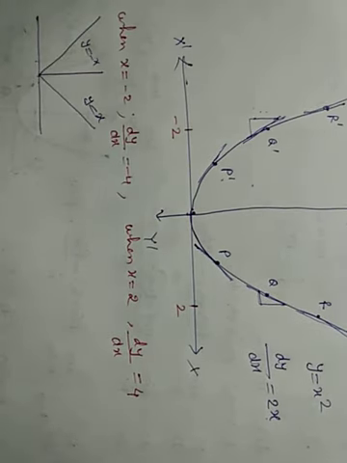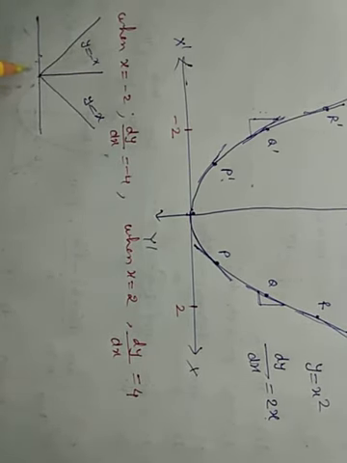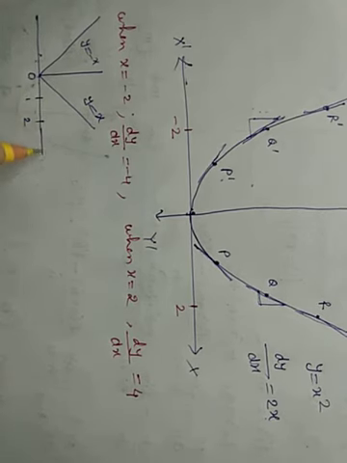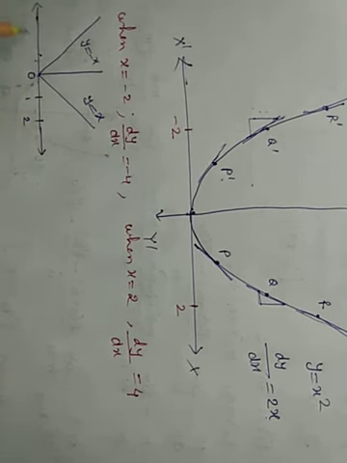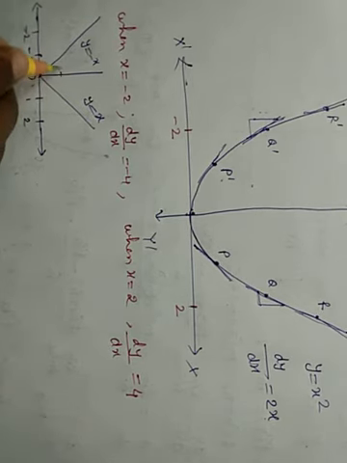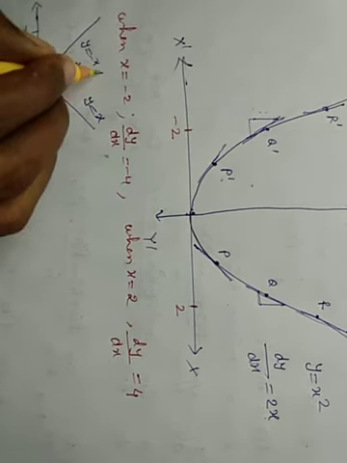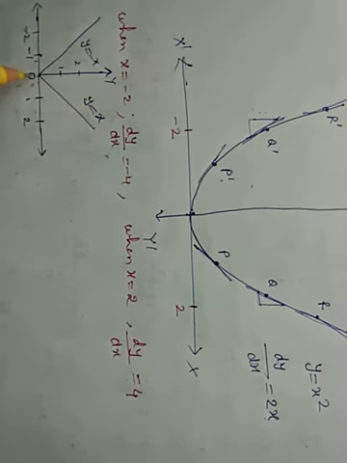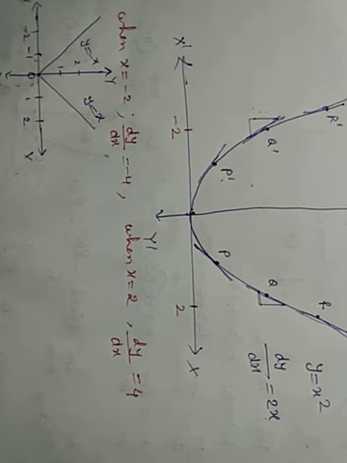This is y equal to minus x. This is point 0, 1 and 2. Here minus 1 and minus 2. It is along the y axis, y dash x.